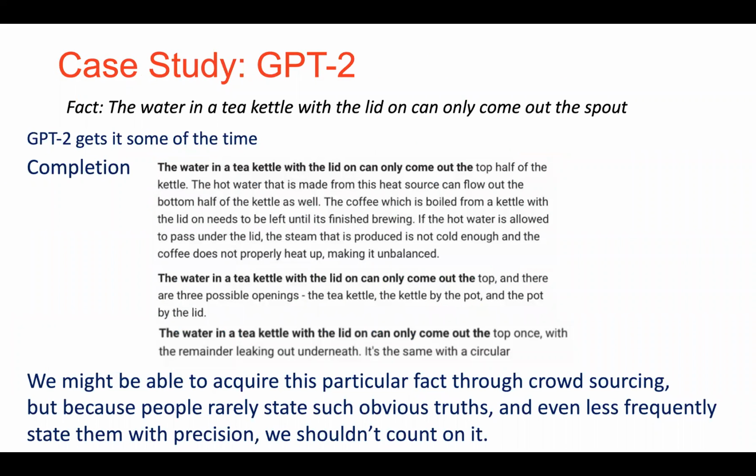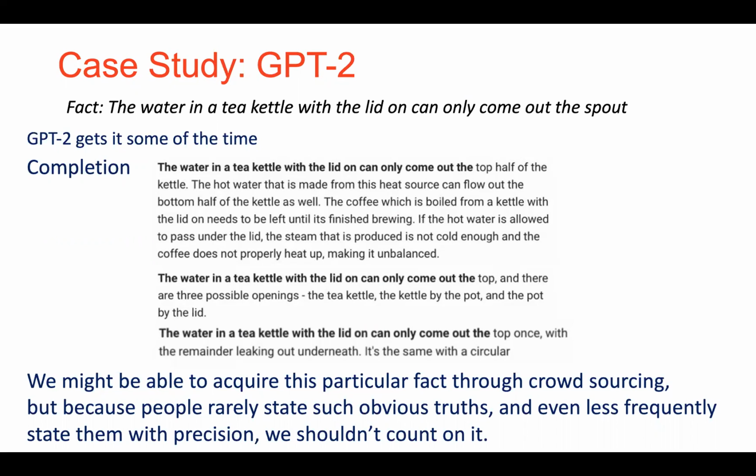So here is a case study, GPT-2 again, the famous natural language processing system based on deep learning. The fact is that the water in a tea kettle with the lid on can only come out the spout. So that's a fact. Maybe it's one of those millions of facts we know.